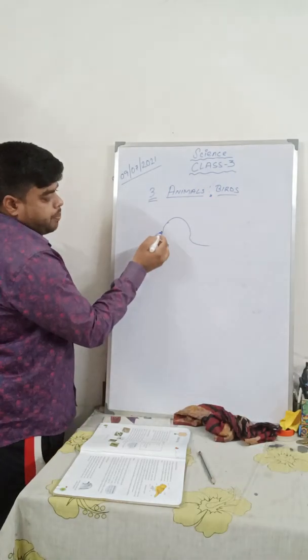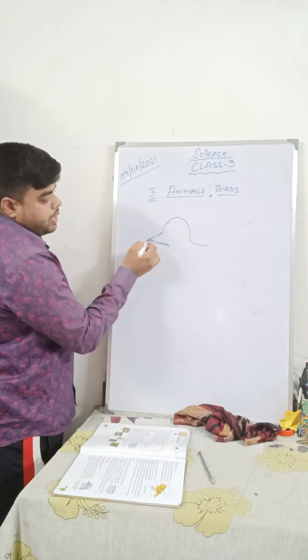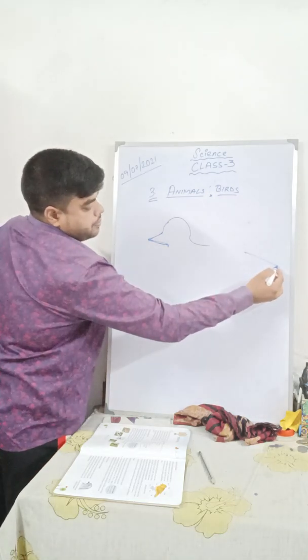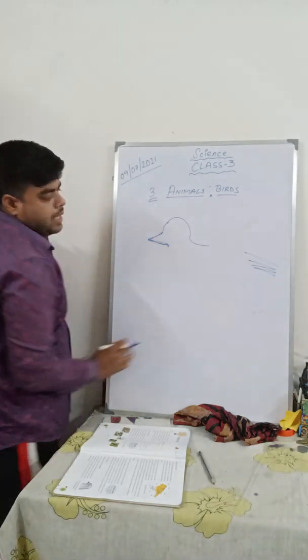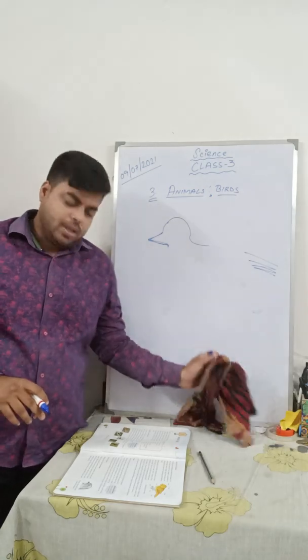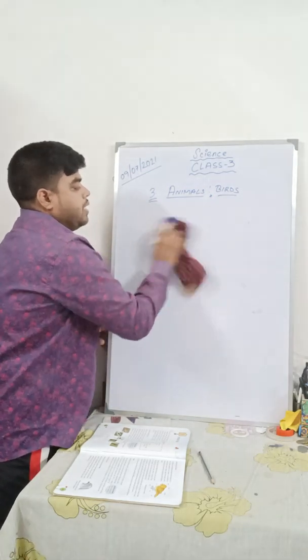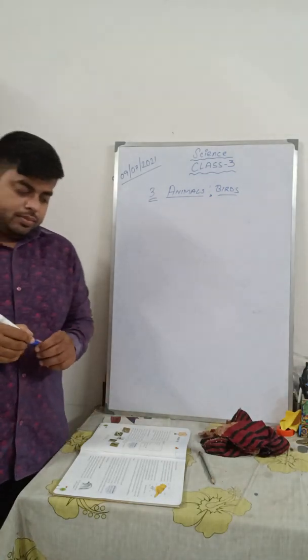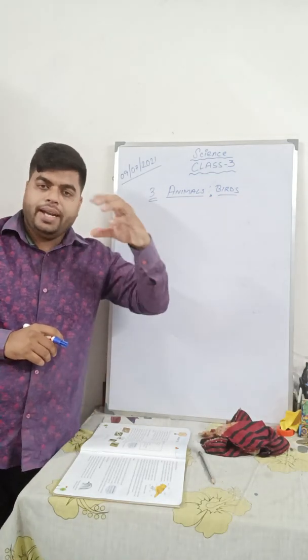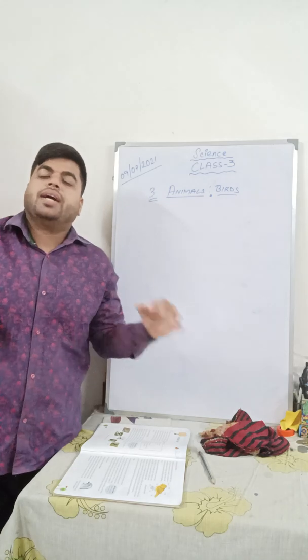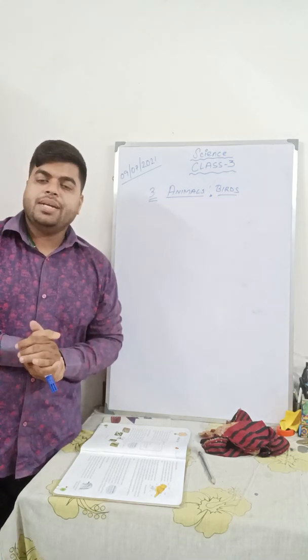If you see the beak, this is narrow, and if you see the tail, that will also be narrow. My drawing is not that good, but if you take a bird, you will see it is narrow at the front and narrow at the back. This is known as a streamlined body.